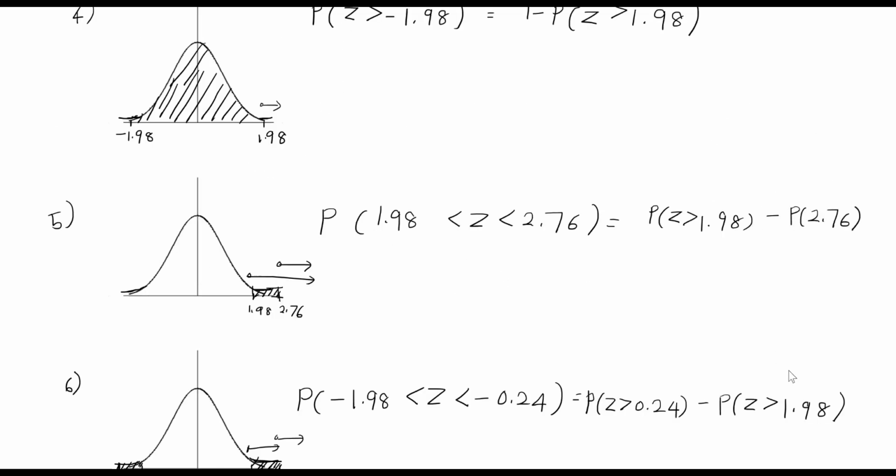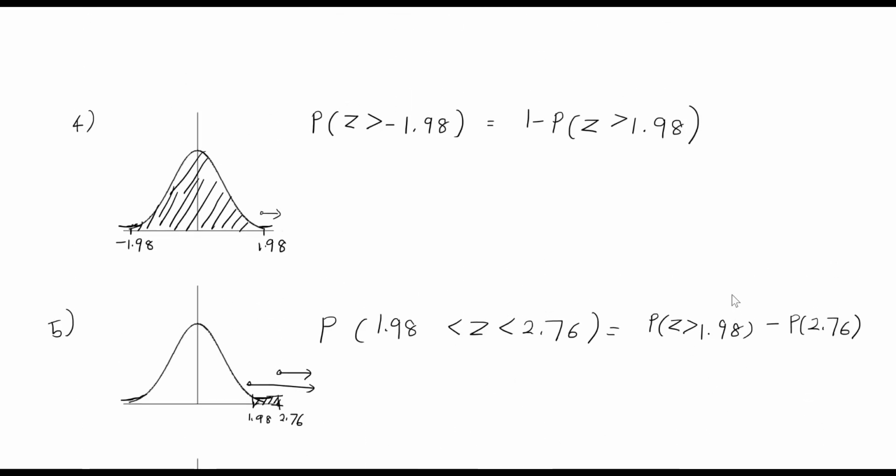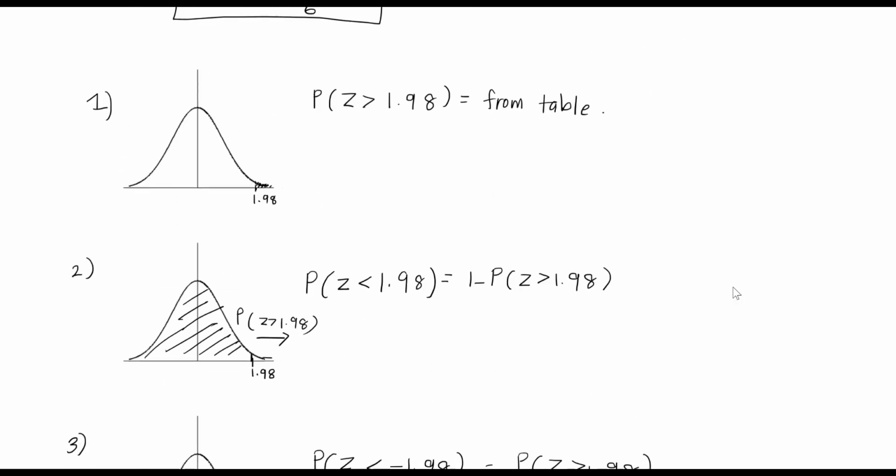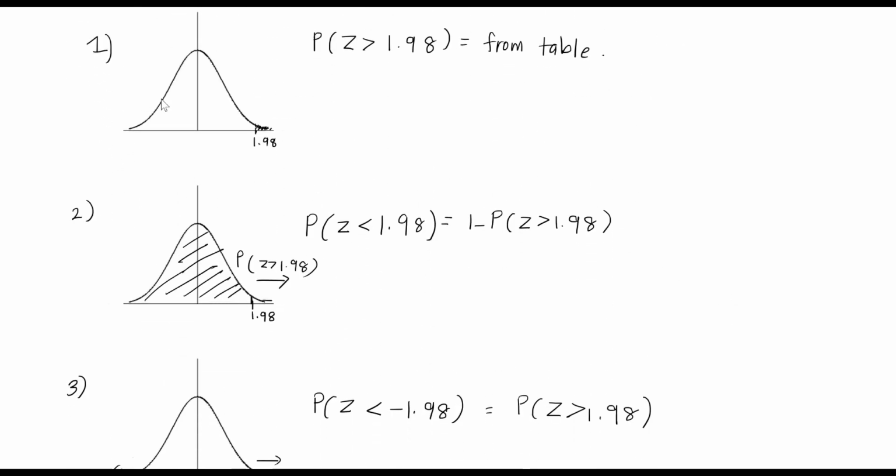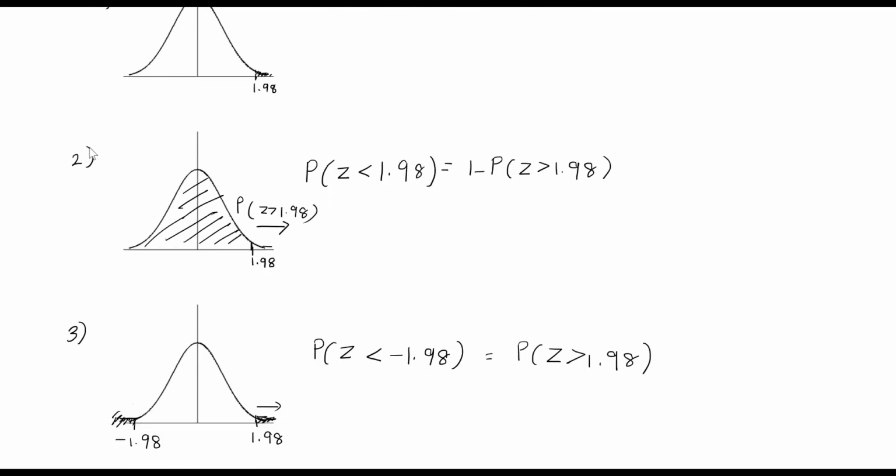Now if we look at these formulas, for example 1 we have z greater than, so we can get it from the table. For example 2, we have less than 1.98. We can get the value of z greater than 1.98 from the table, but the area of the table is 1.